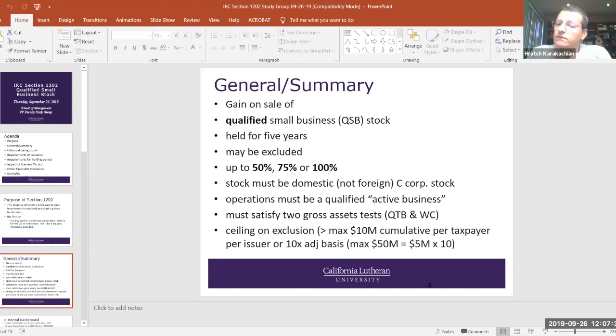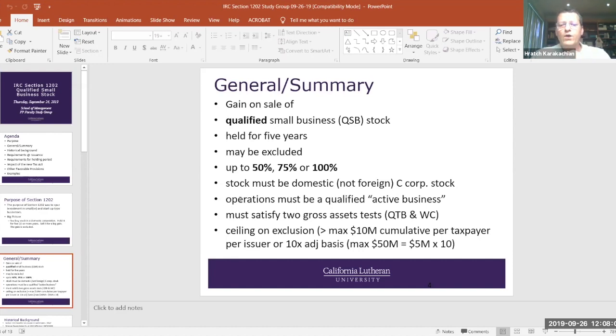The stock, the investment, has to be a domestic C corporation. So it can't be a foreign entity, it cannot be a partnership, and it cannot be an S corporation. And that's one of the reasons why, one of the few reasons why this provision has not been popular and used by most taxpayers.